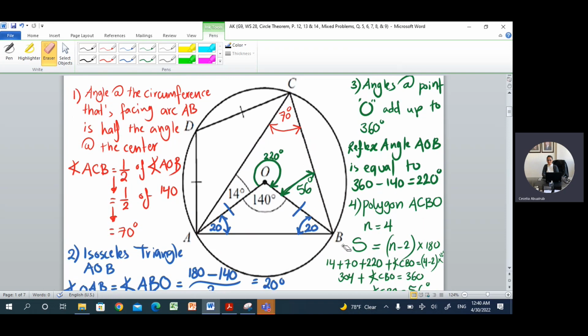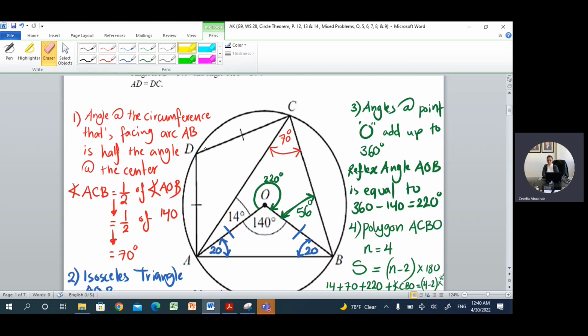Now I can make use of A, D, C, B, back to A. This is a cyclic quadrilateral because as you can see, all the points are at the circumference of the circle. Accordingly, I can find this angle here, which we can call ADC or CDA.